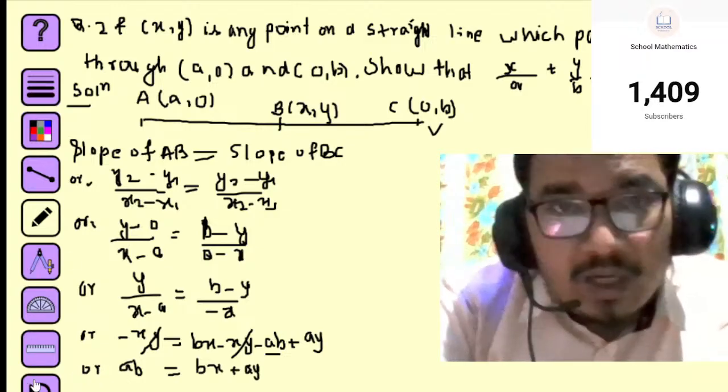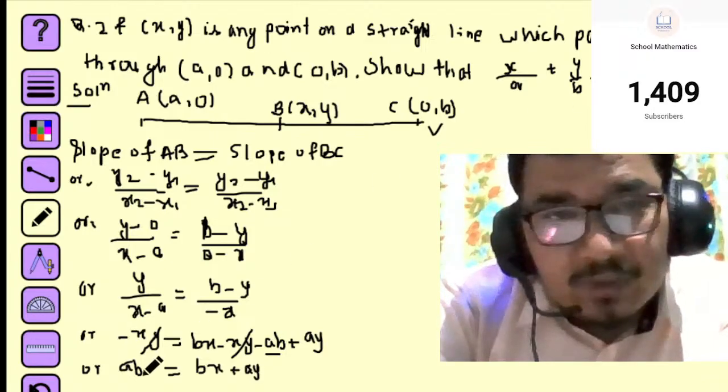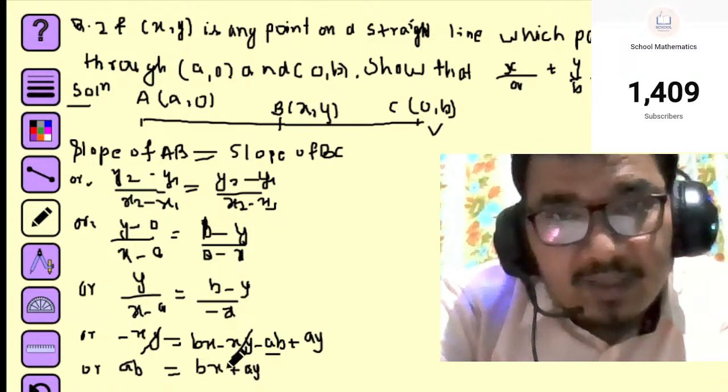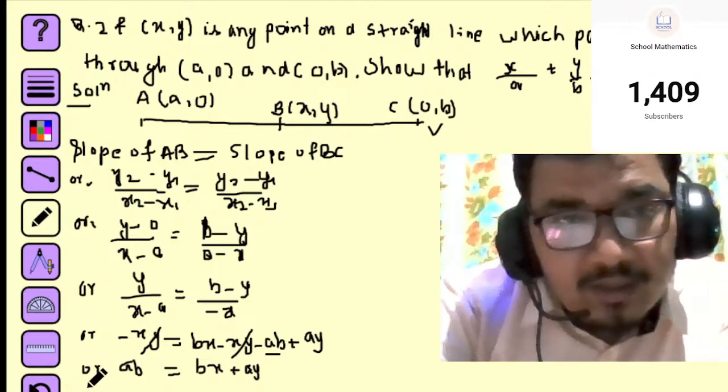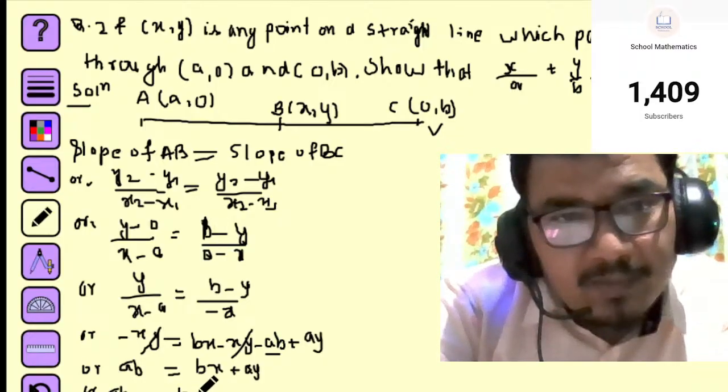Now for our result, we have to divide both sides by ab. So ab by ab equals bx by ab plus ay by ab.